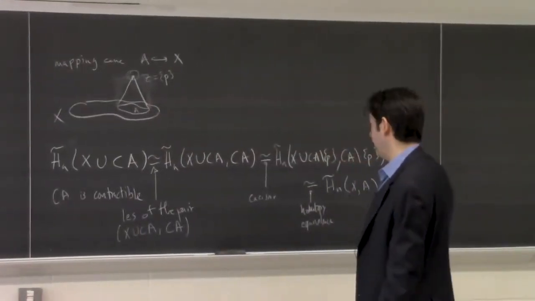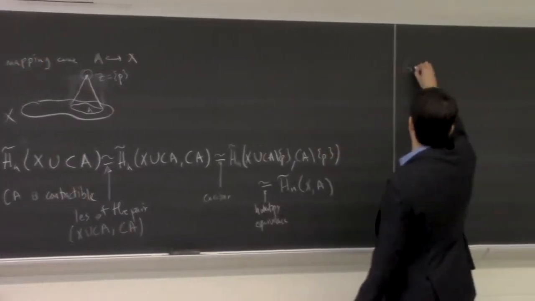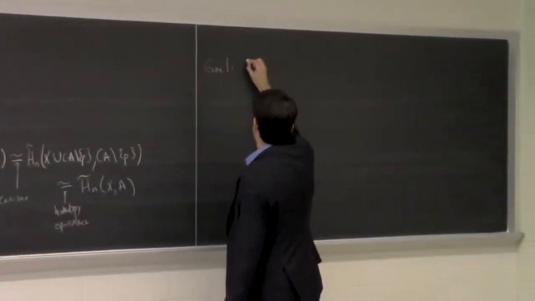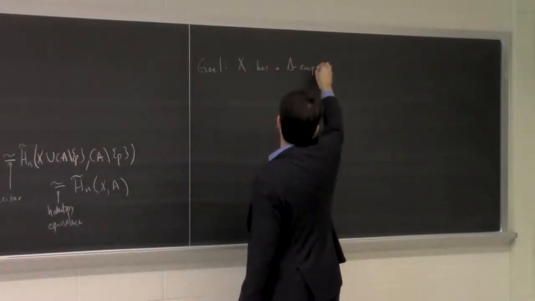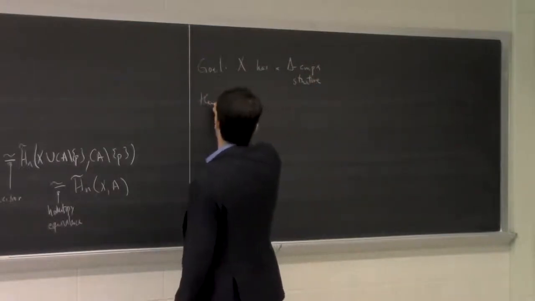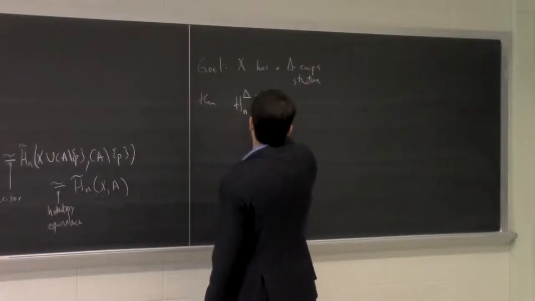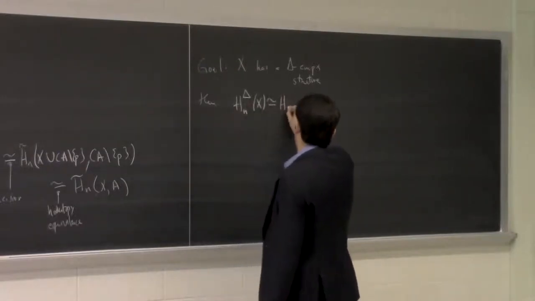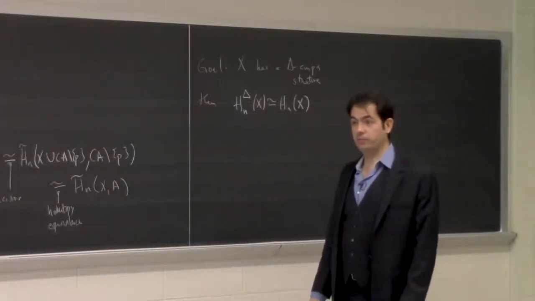So another thing that we anticipated is our next goal. We're going to show that if X has a delta complex structure, then the homology groups that you compute using the delta complex structure are the same as the homology groups that you get from the singular chains.